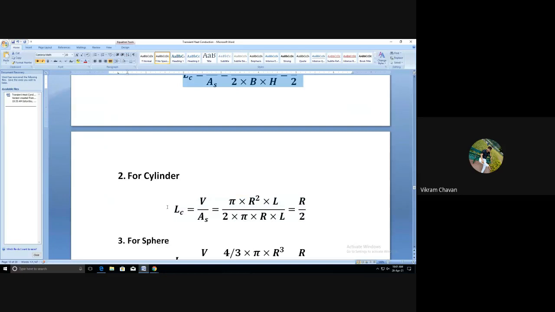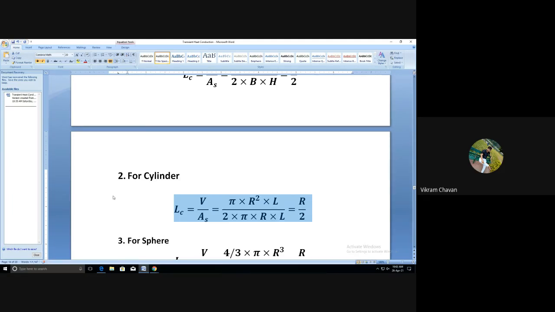Then second object we are going to consider is the cylinder. For cylinder, L suffix C, that is characteristic length, is equal to volume divided by surface area of cylinder. So V divided by A suffix S: volume of cylinder is pi r square L, and the surface area of cylinder is 2 pi RL.